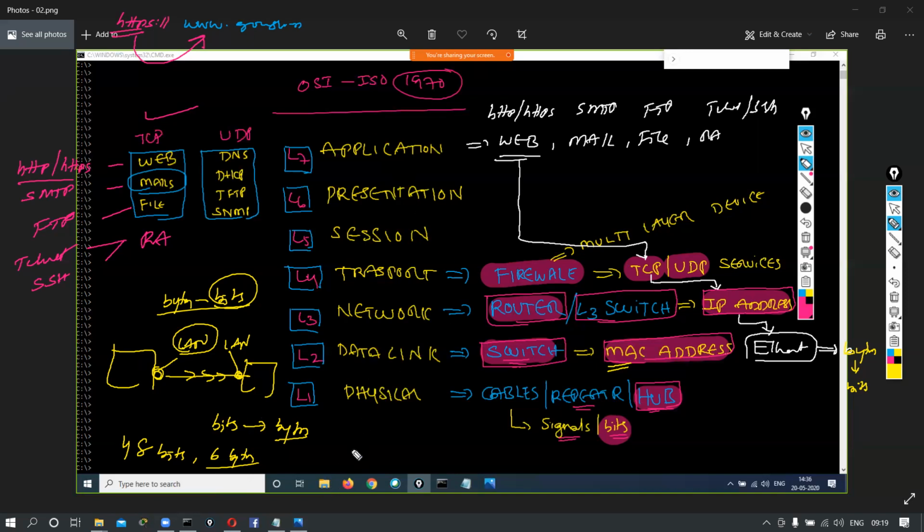This is all about today's agenda. OSI is done. Now we'll move to networking devices. Clear this much, or any confusion, any question, ask me. If I explain more than this in OSI, you will get confused. We will discuss the remaining OSI also.